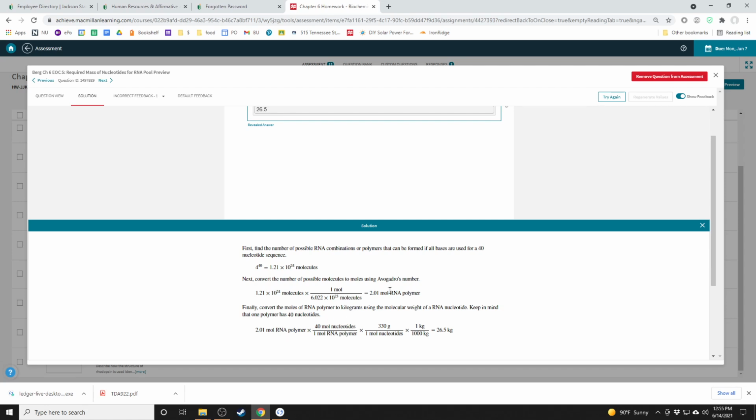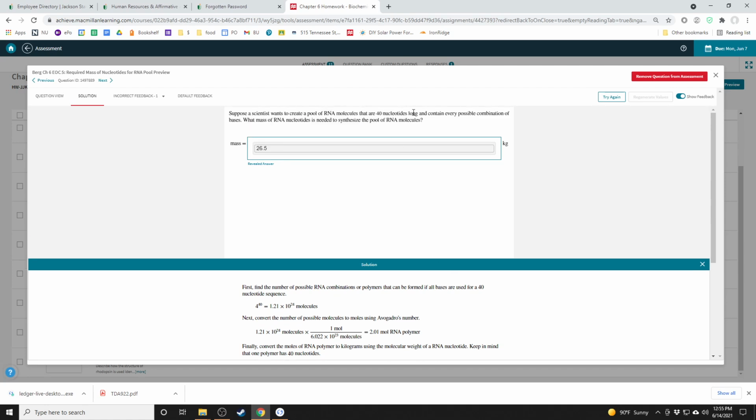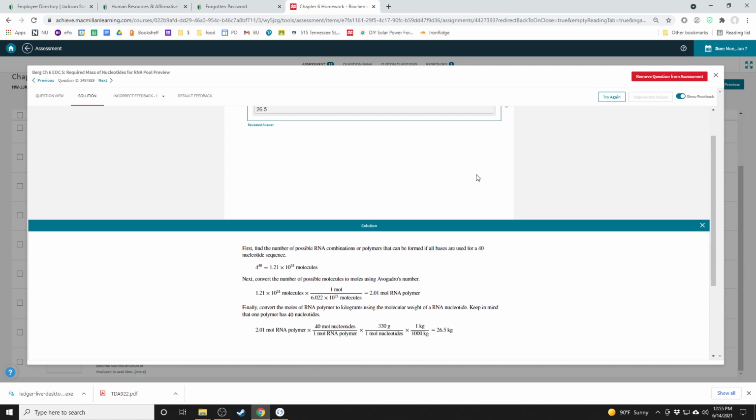And don't forget, this is 40 nucleotides long. So one of these polymers, which you have 2.01 moles of, is going to be 40 nucleotides long, so you have to multiply it by 40. You then take the molar mass, that's 330 grams per mole, and multiply by that 330.